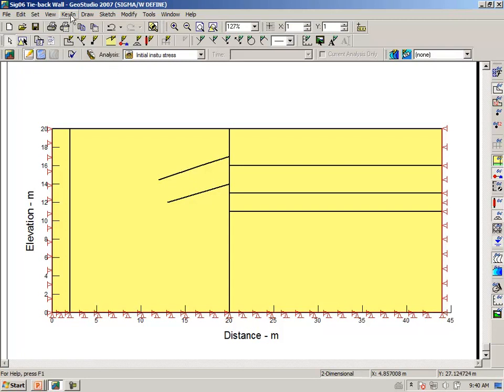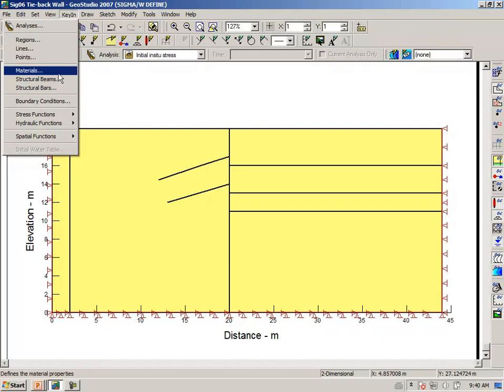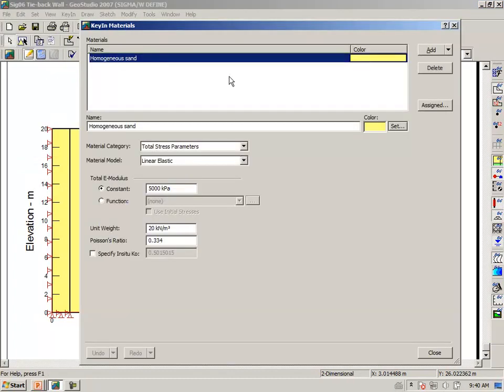Inspecting the materials, key in materials. We have a homogeneous sand here.